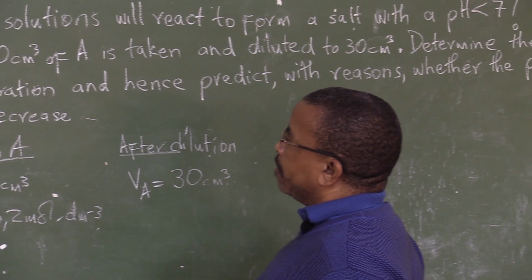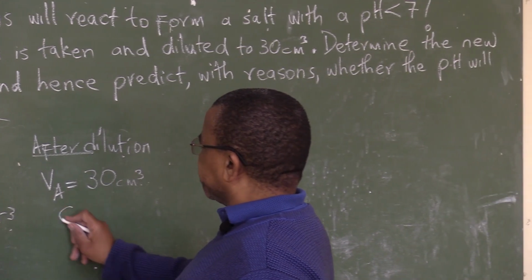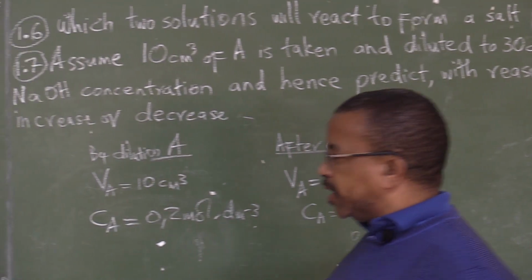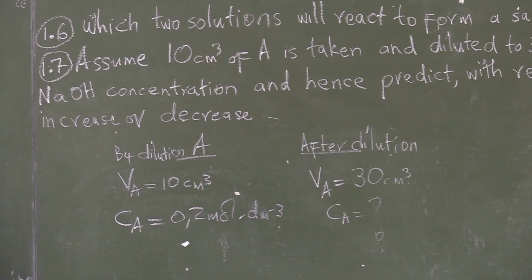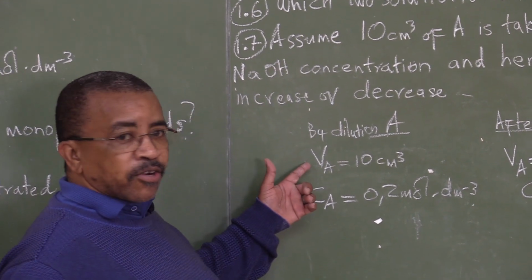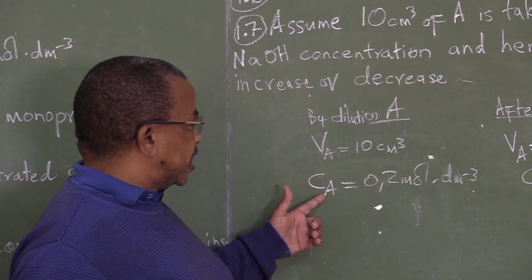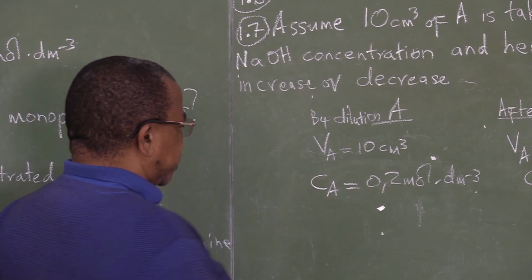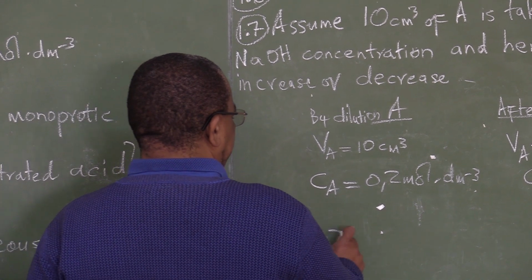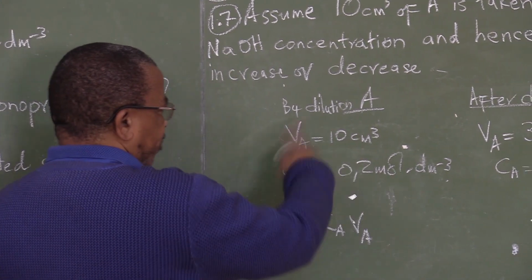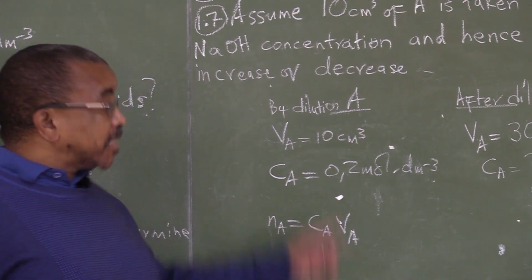Determine the new sodium hydroxide concentration. What will be the new concentration? Now listen to this one. Before dilution, the concentration of A and the volume of A give us the number of moles of A.